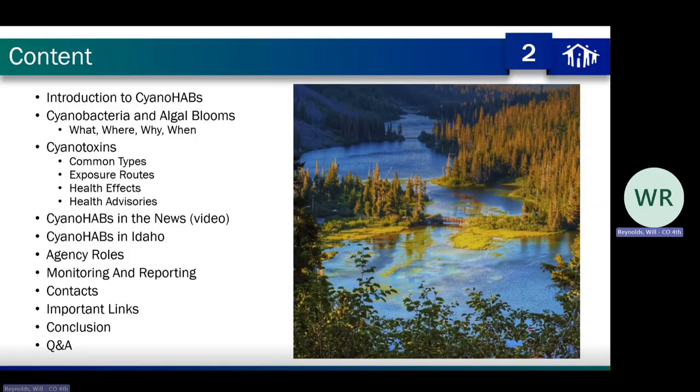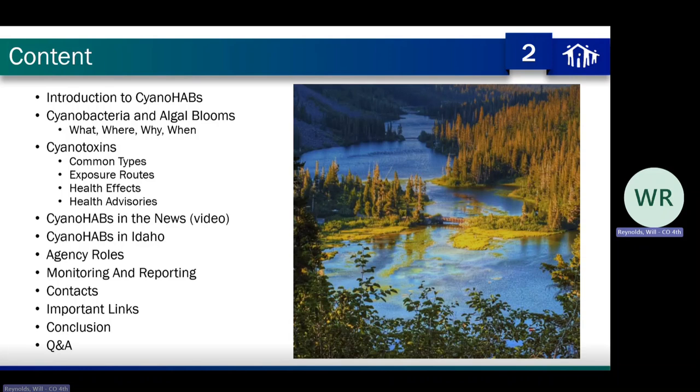So in terms of what we'll be covering today, I'm going to do an introduction of cyanoHABs, basic biology and ecology related to these blooms, as we'll speak more about in just a few moments. We'll talk about cyanobacteria and algal blooms, what they are, where they come from, why they appear, and when.